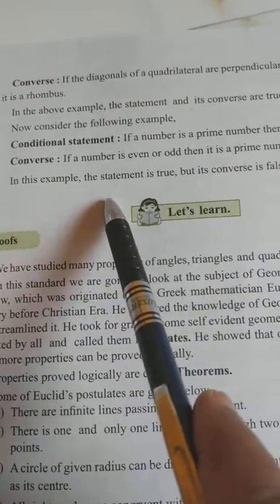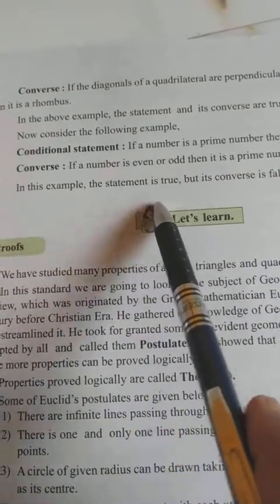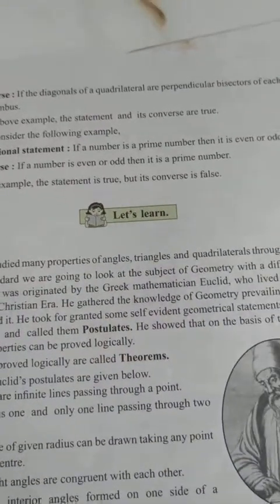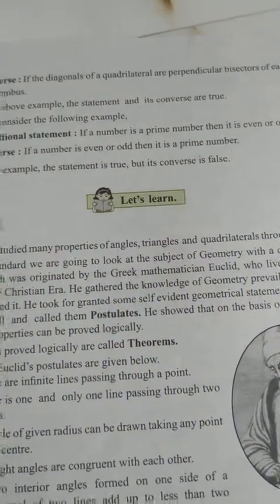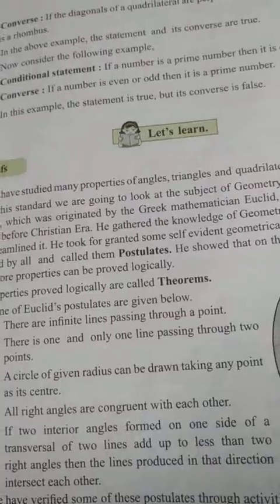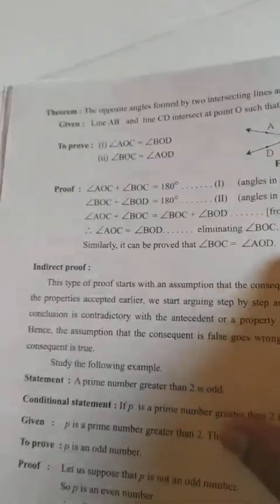In this example, the statement is true, but its converse is false. This is about conditional statements and converse, which use if and then. Then we will study the theorem.